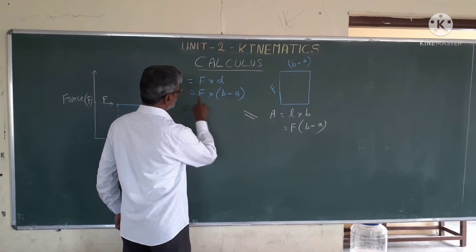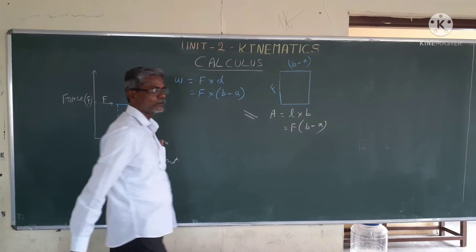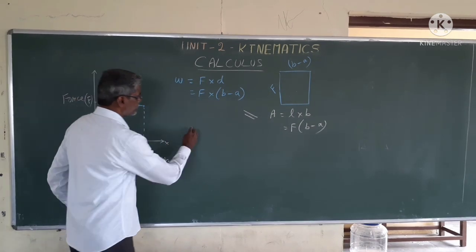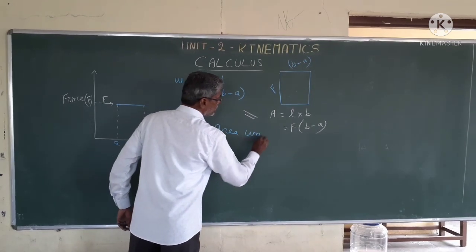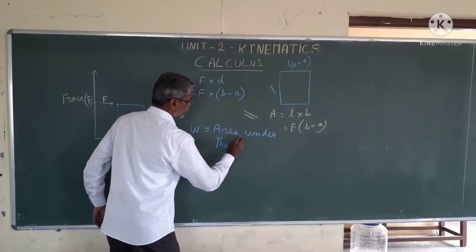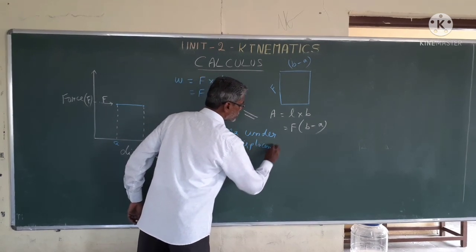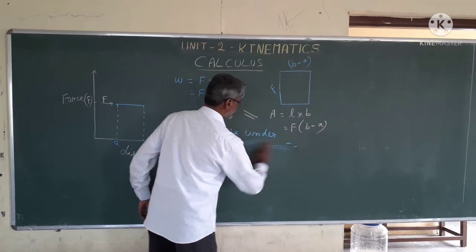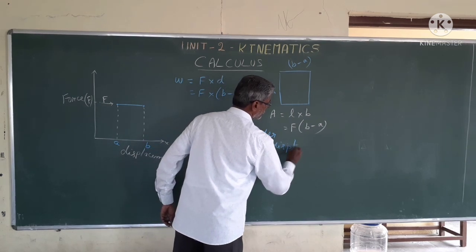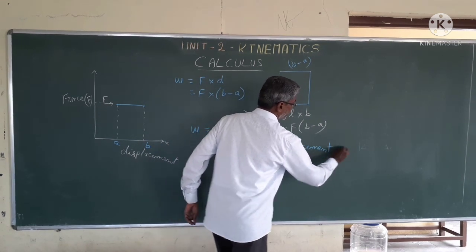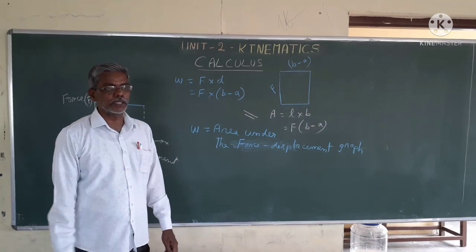Now you see these two equations. Here also F into B minus A, here also F into B minus A. So I can say work done is equal to the area under the force displacement graph.